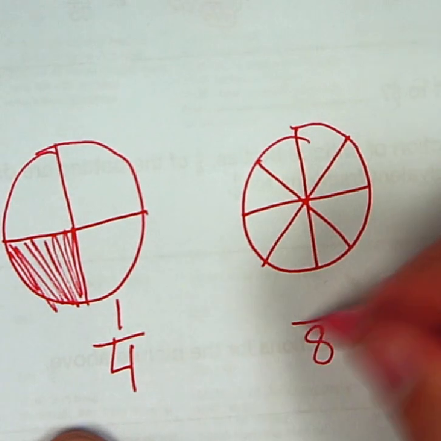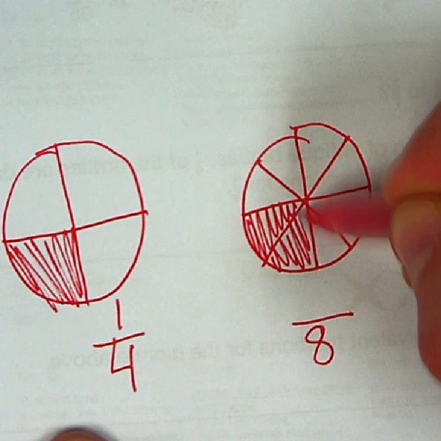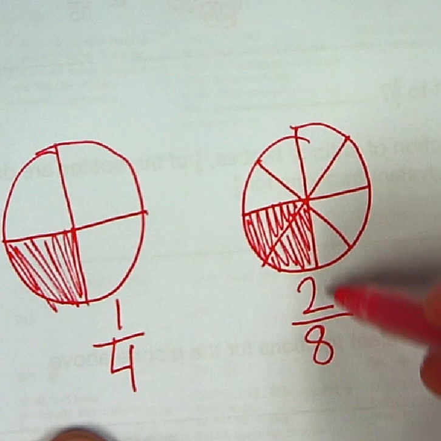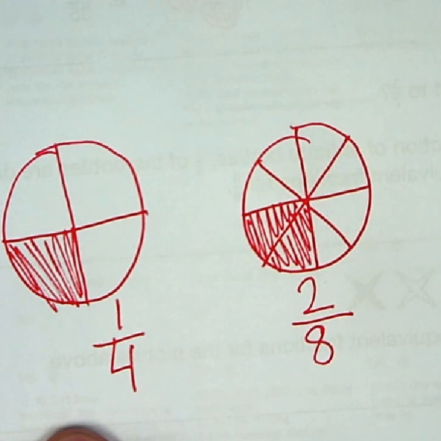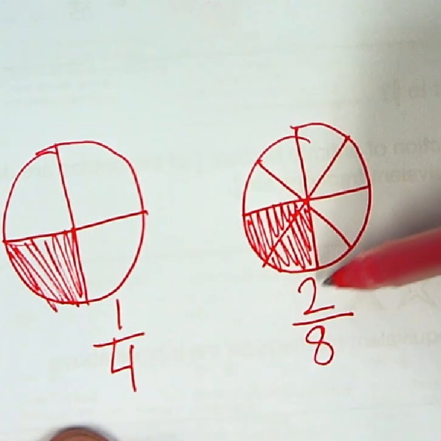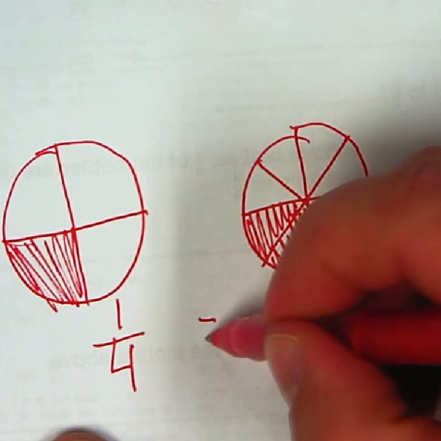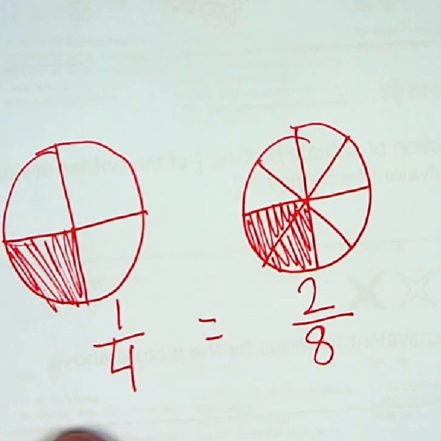And on the second one, I color in 2 of those pieces, so that 2 out of those 8 pieces are colored in. If you notice, both of those pieces are the exact same size, right? So 1/4 is equivalent to 2/8.